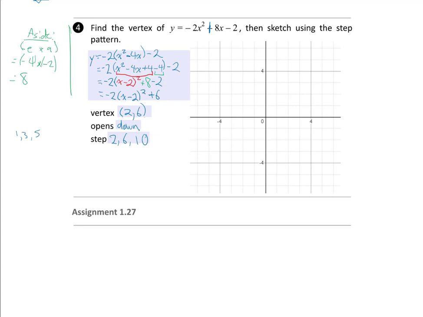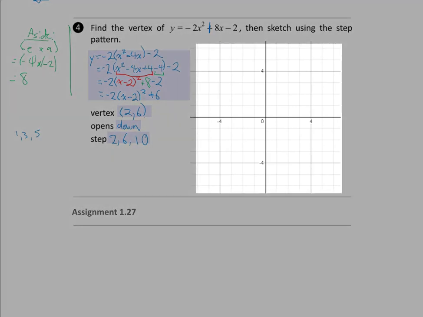Okay, so let's plot our vertex. 2, 6 up here, and then over 1, down 2 right here, and reflected, then over 1, down 6. What is that? 1, 2, 3, 4, 5, 6.